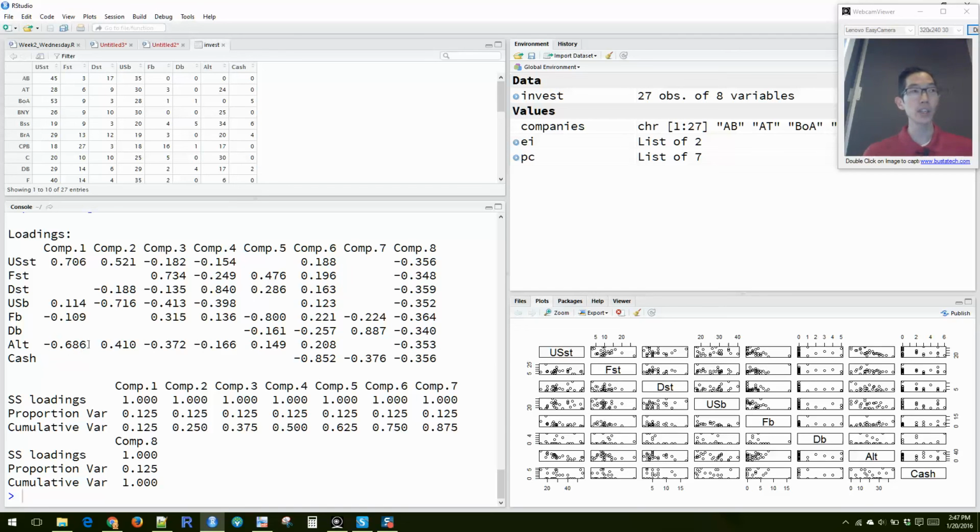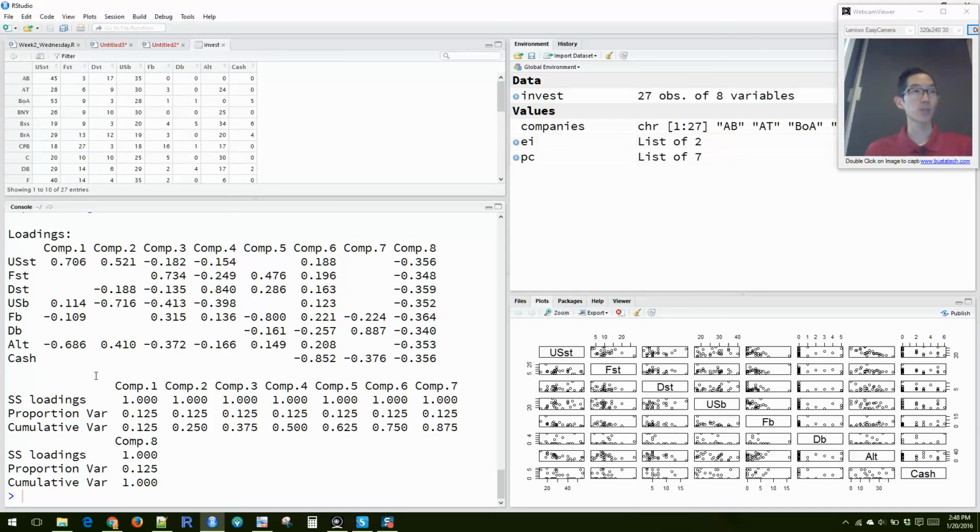Okay, and so based on just one component, you are going to be separating those banks that value U.S. stocks versus those that don't, and those that place a lot of value on the alternative investments. Okay, and the assignment of the directions is arbitrary here, but that's what it has.